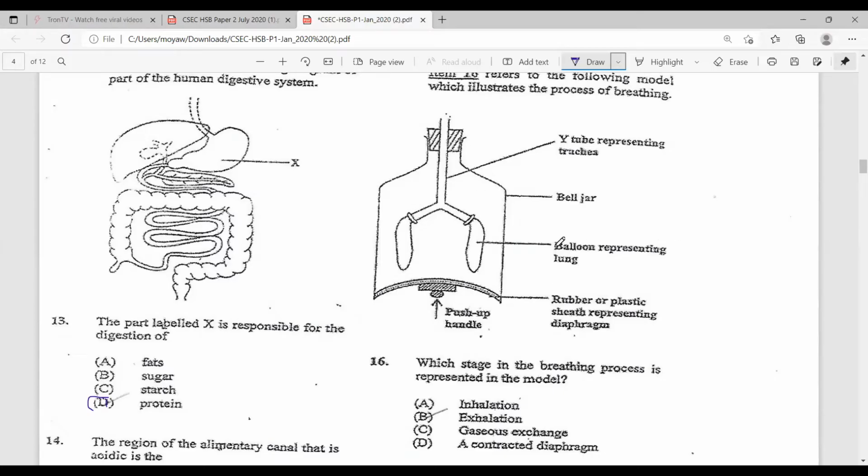We have the balloon representing the lung, and the rubber or plastic sheet representing the diaphragm, which is under. So if we push up the handle, you realize that the diaphragm is raised, it's dome shaped, and you could see that the lungs are deflated. And the only time that the lungs are deflated is when we're having exhalation. So we're breathing out, we're exhaling.